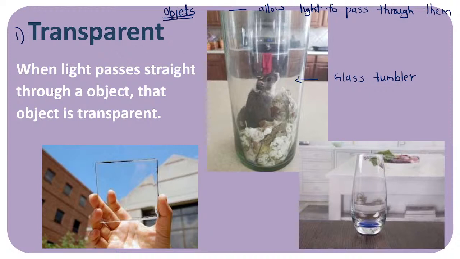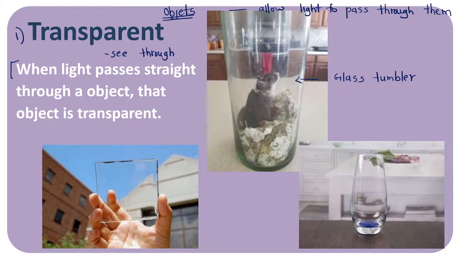What are transparent objects? You can see through these objects, those objects which make things visible. Now, why can you see through this object? That is a very interesting property of light. When light passes through this object, the things are visible.